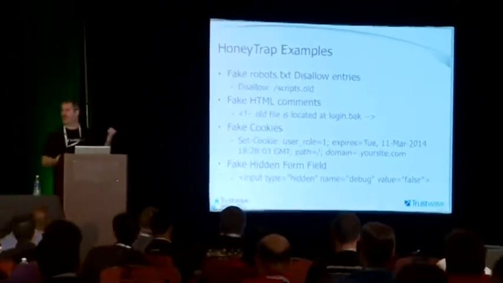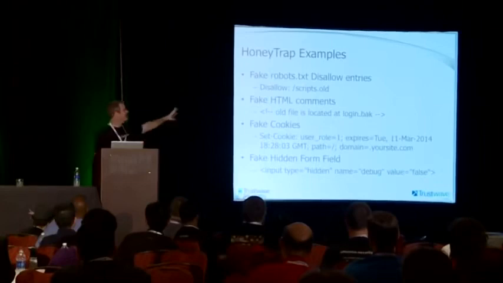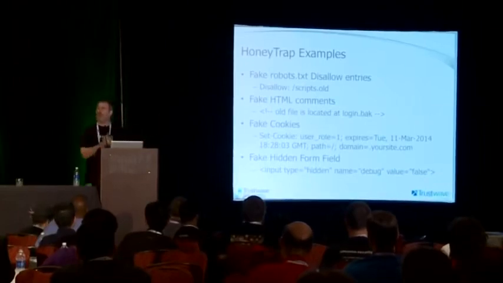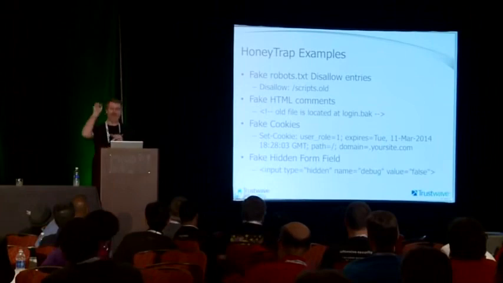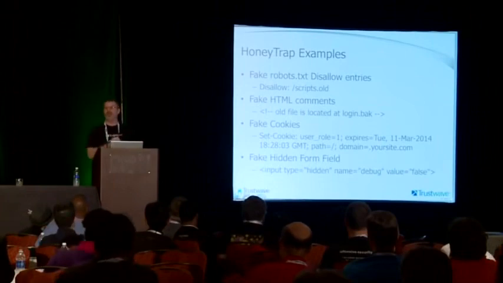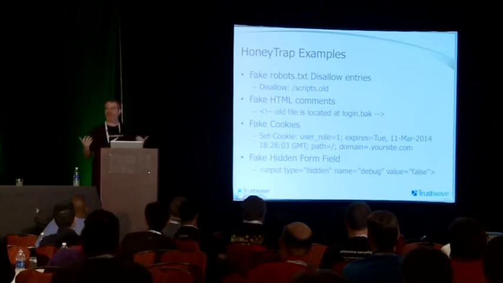So this is just a small example, just to get you started. So one thing to talk about is robots.txt. If you know what robots.txt is for, right? You put that in your document root. Its purpose is to tell search engine spiders, crawlers, where they're allowed to go on your site and where you don't want them to go on your site. So a big flaw in this is, number one, there's no access control.